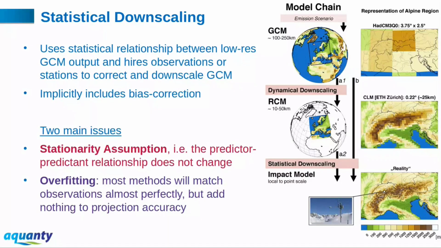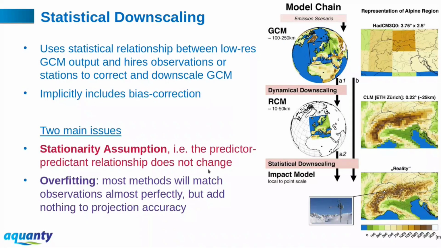So essentially a statistical relationship, right? And you're assuming that this relationship remains the same in a future climate, even though the climate may change quite drastically. So your snow seasonality may change completely, right? But you're still assuming that the relationship between temperature at a large scale and a small scale will stay the same, even though maybe there are different elevations, for example, right? So this is a major limitation.